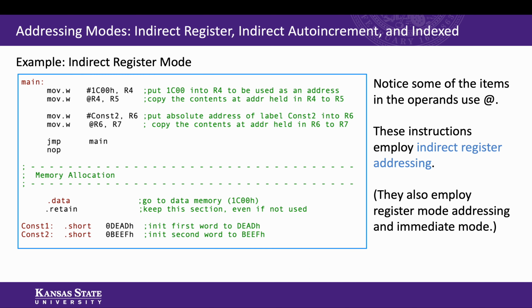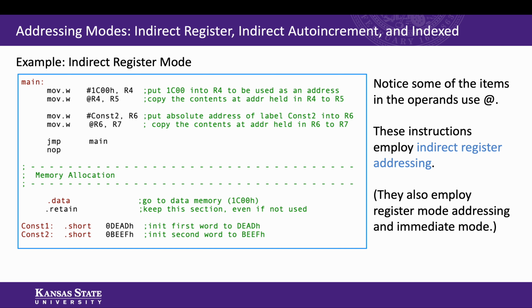Here's our example, and we'll unpack all of this in just a second. But first, I want to point out to you that some of those operands there use the @ symbol. You'll see @R4, @R6. So these instructions are employing indirect register addressing, which is what we're talking about here.